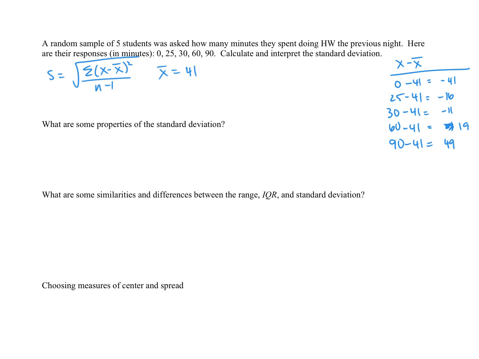So far we've done the x minus x bar part. Those are the numbers we got. Next we have to square them and add them up. For each of these numbers, we square them and add them up. If you trust me, you get 4,820.